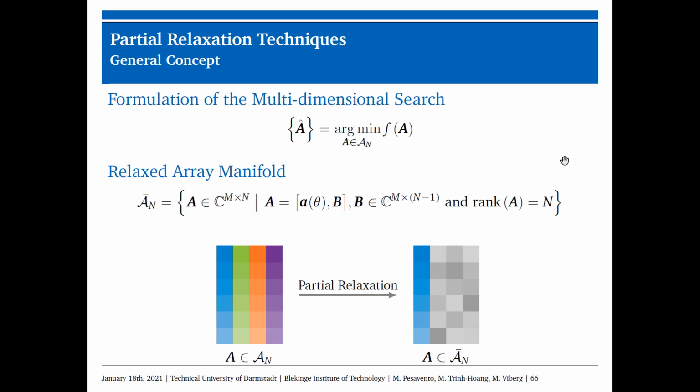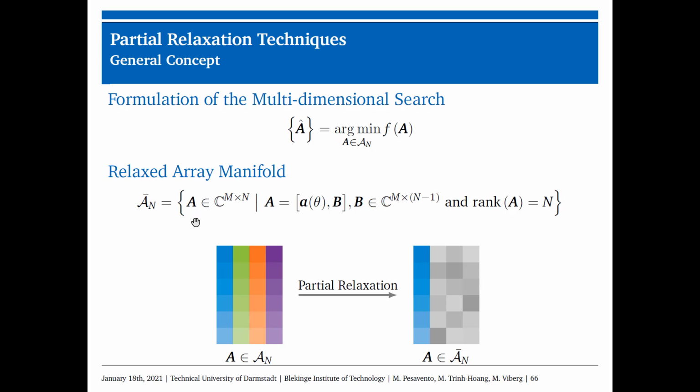Similar to the derivation in the single source approximation, let us recall again the optimal parametric methods, where we optimize a particular cost function on the fully structured array manifold AN. The key idea of the partial relaxation framework is that we will relax the original array manifold in a special manner.